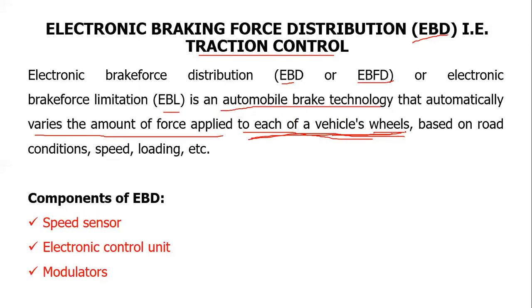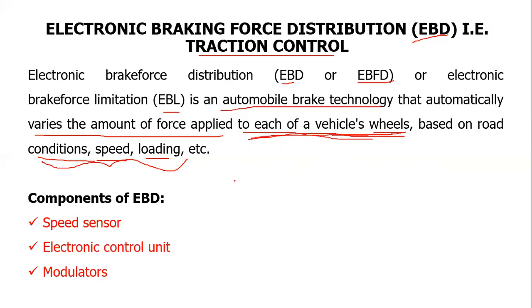Based on the road condition, whether it is dry or rainy, what the speed of the vehicle is, and what the current load of that vehicle is. These are some parameters it will take into account while sensing the vehicle speed.